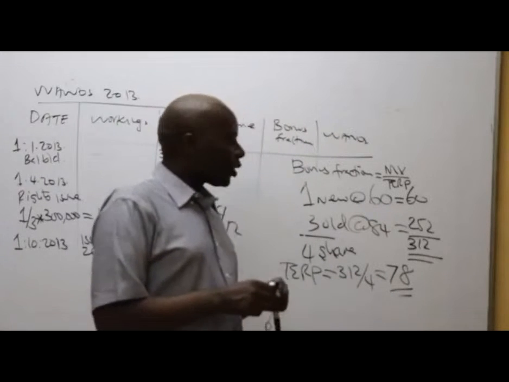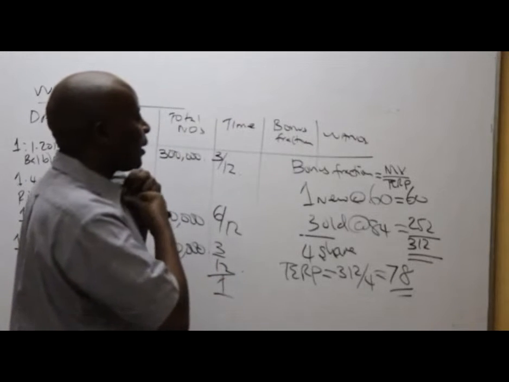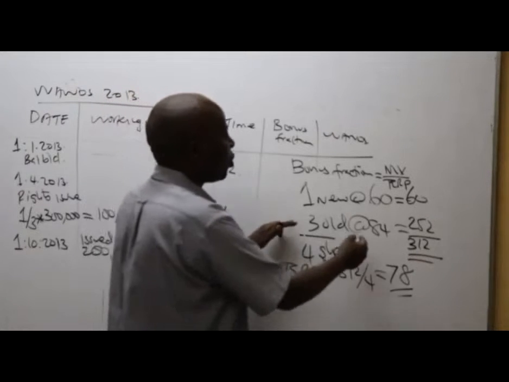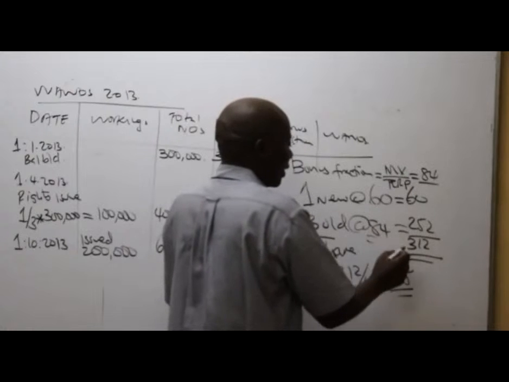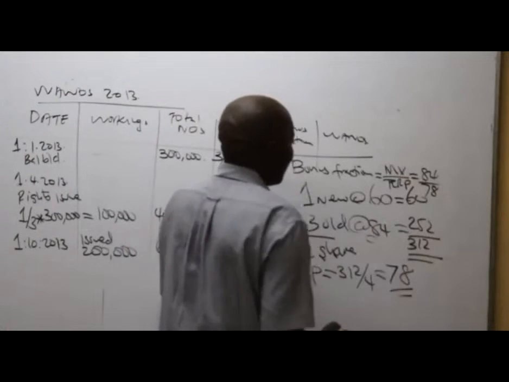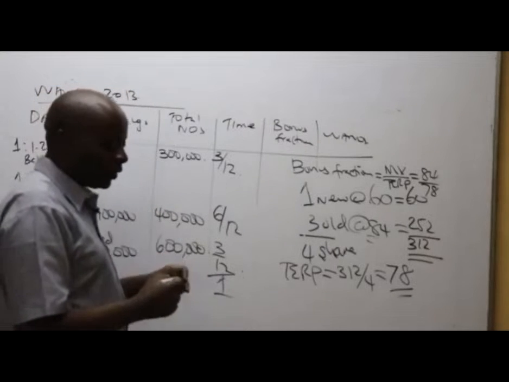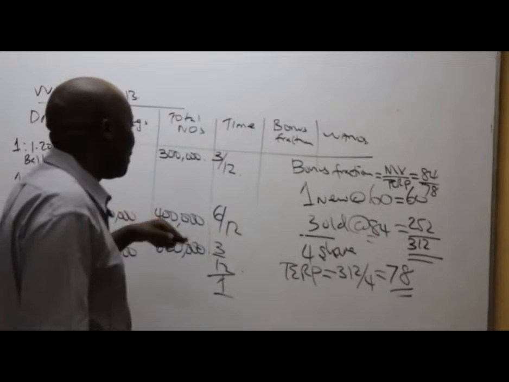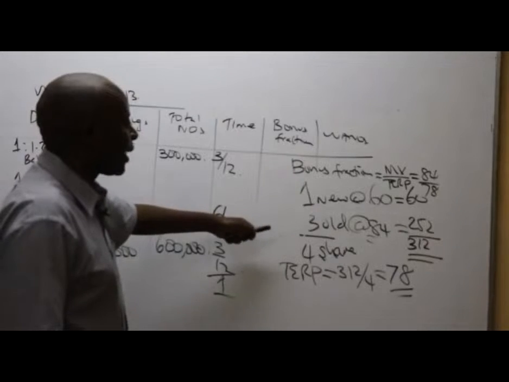Thank you so much. So they have come here and told me, teacher, we have got the bonus fraction as the market value of these old shares, which was 84, all over the theoretical ex-rights price, which is 78. But again, there is a mistake I normally see many of my students doing. They will tell you that the theoretical ex-rights bonus fraction should be cascaded backwards.